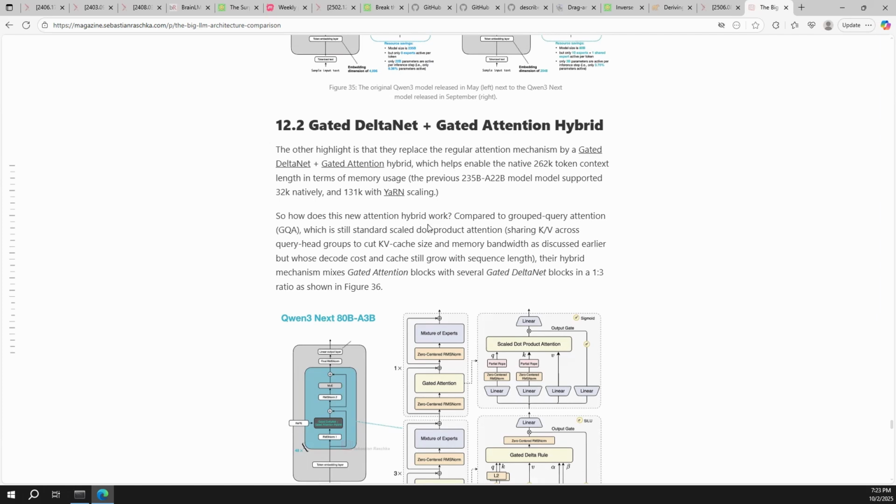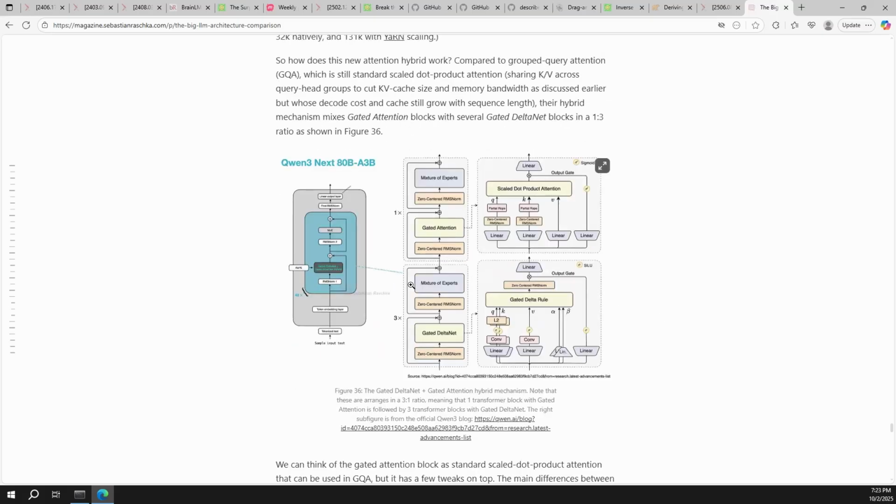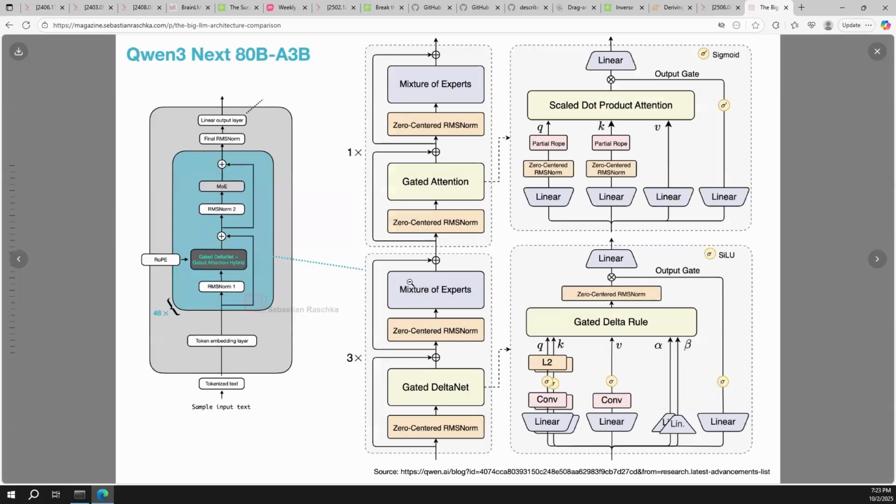How does this new attention hybrid work? Compared to grouped query attention, GQA, which is still pretty standard, their hybrid mechanism mixes gated attention blocks with several gated delta net blocks in a 1:3 ratio as shown in figure 36.